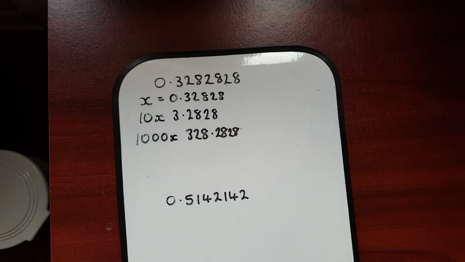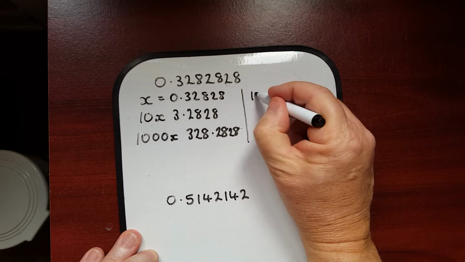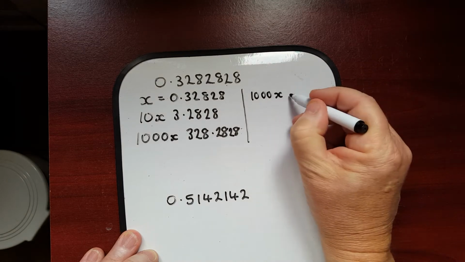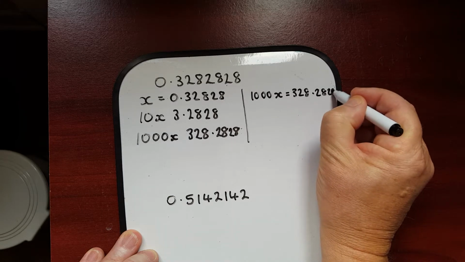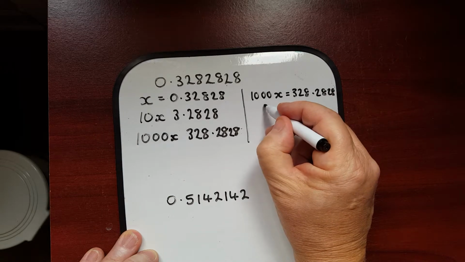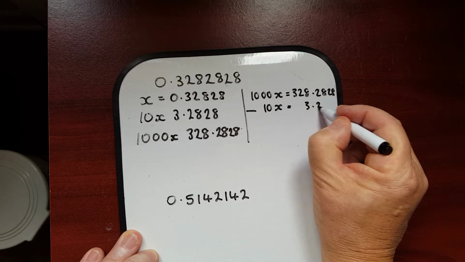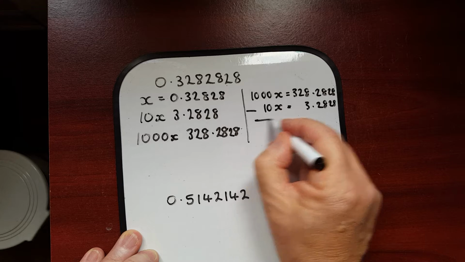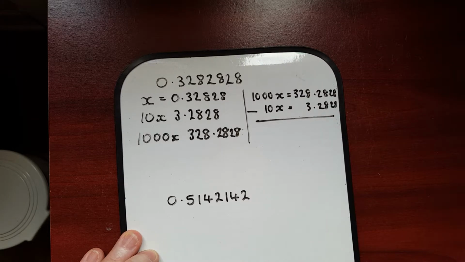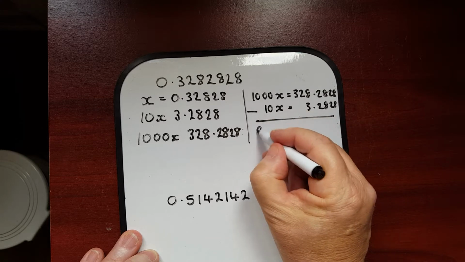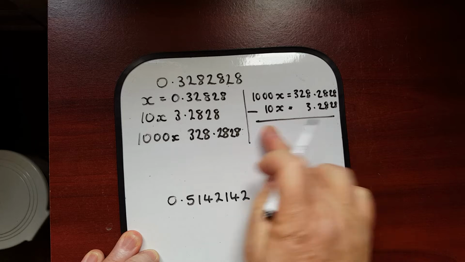And what we do this time is we take our 1000x, which equals 328.2828, and we take our 10x away from it. That was 3.2828. Now that gives us a different answer here. 1000 take away 10 is 990.